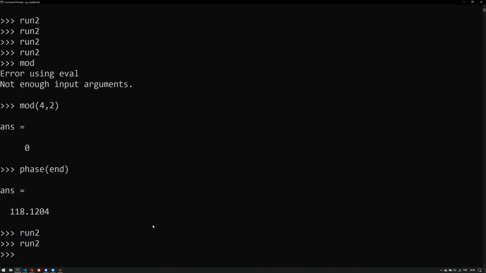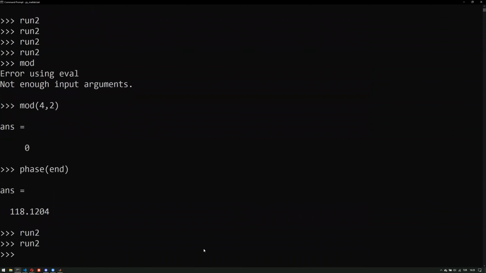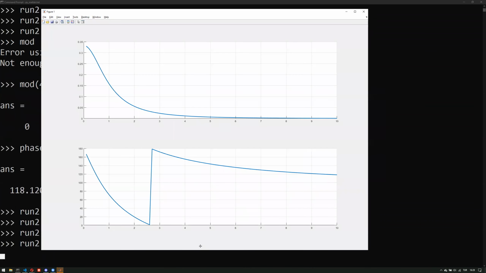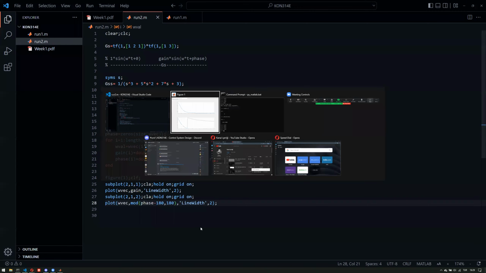So maybe adding to it 360 maybe, then something like that. I don't quite remember it. There was a solution, but not quite sure about that.